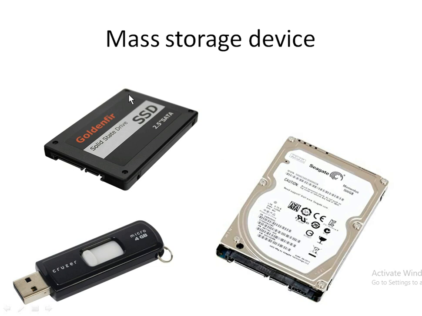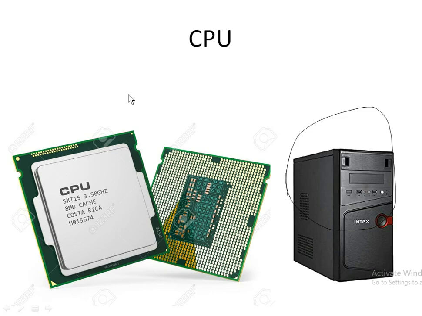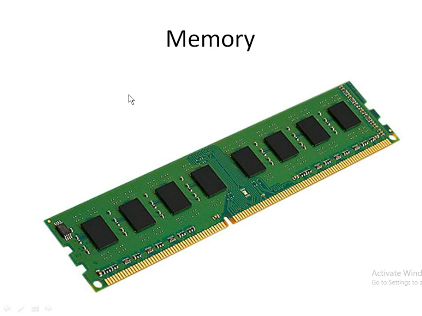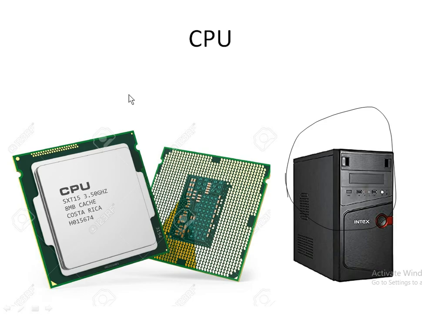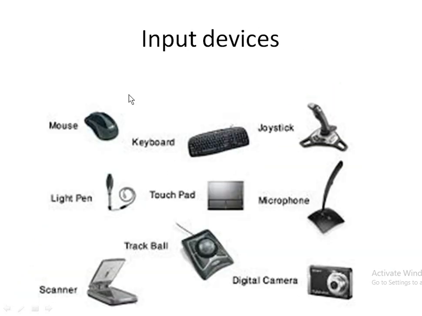The lowest speed with which any of these devices work is the computer speed. If you increase the speed of only the processor, the computer cannot increase its speed, because all these three work combinedly. Next, we shall see input devices.